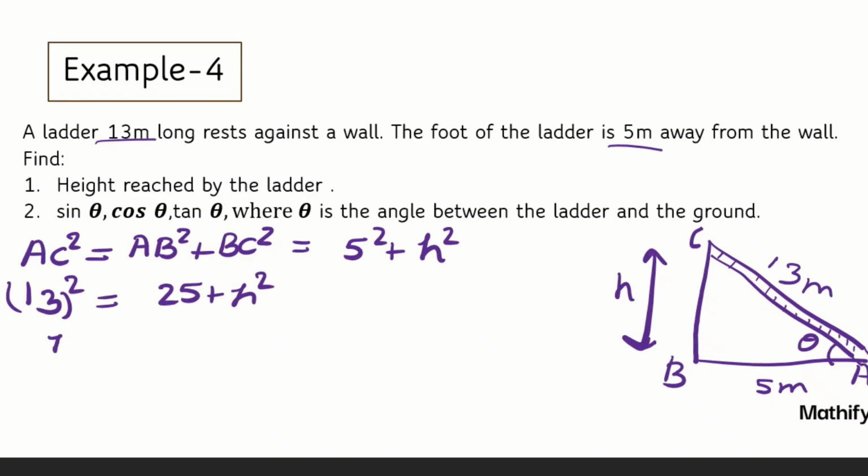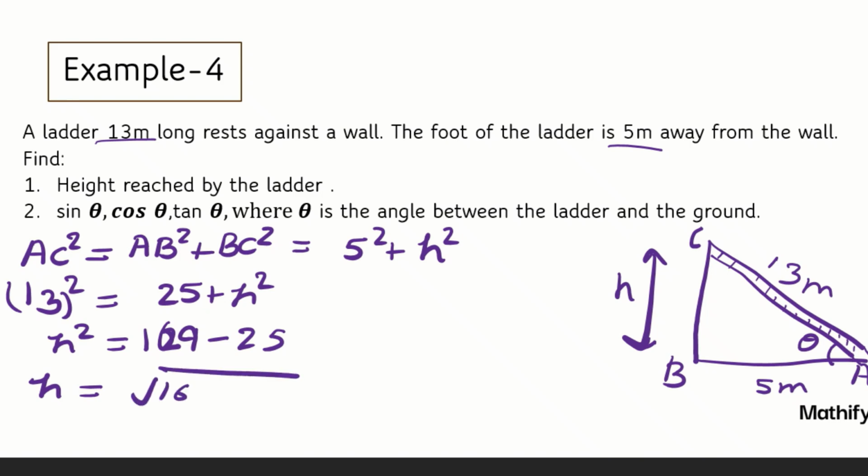So H square is equal to 169 minus 25. So H will become the square root of 169 minus 25.